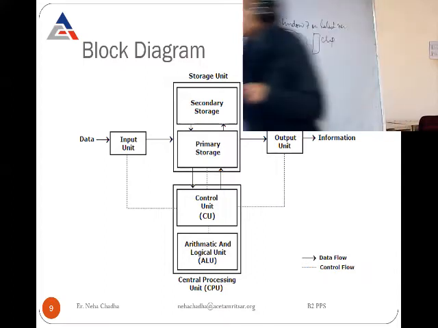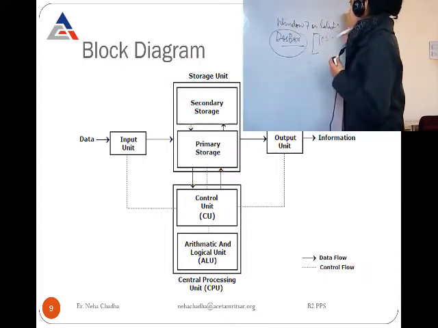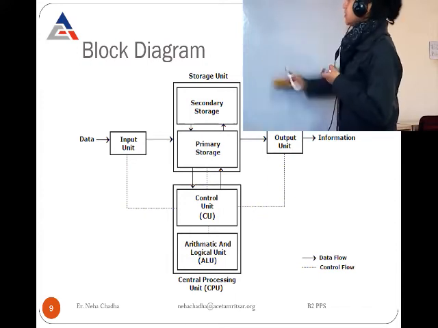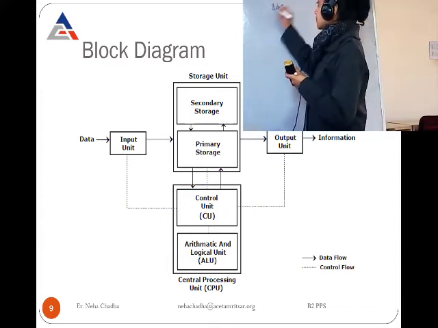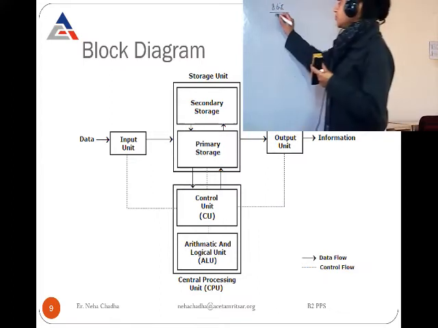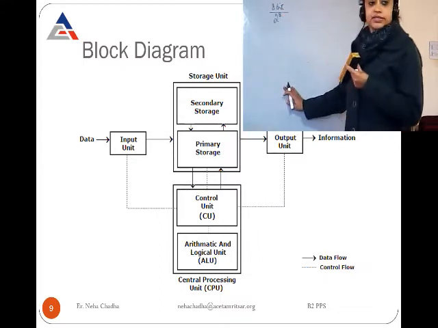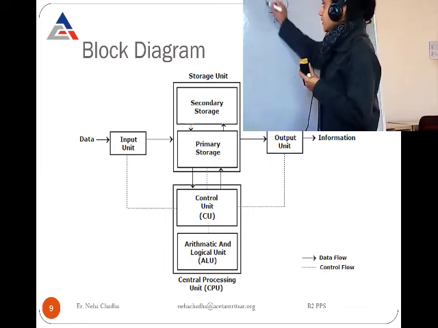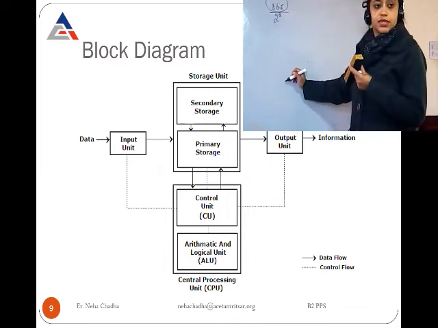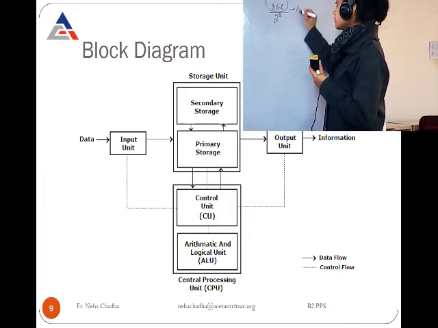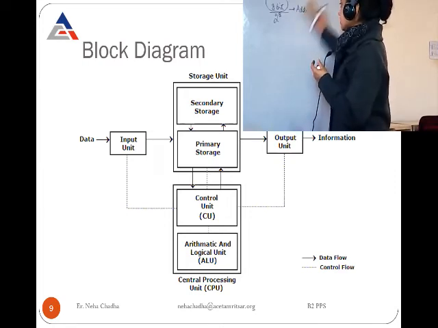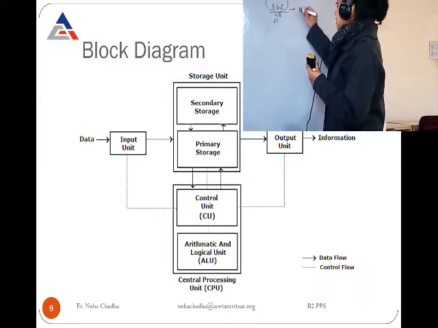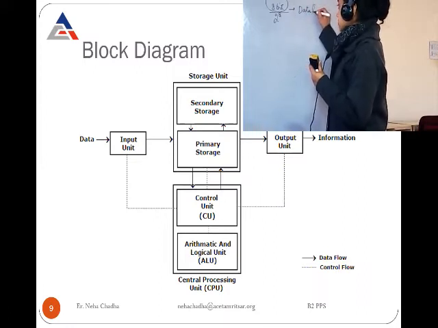I will give you another example. If I am saying I'm working on an 8-bit processor, I said 2 to the power 8. What are the 8? The 8 are data lines.